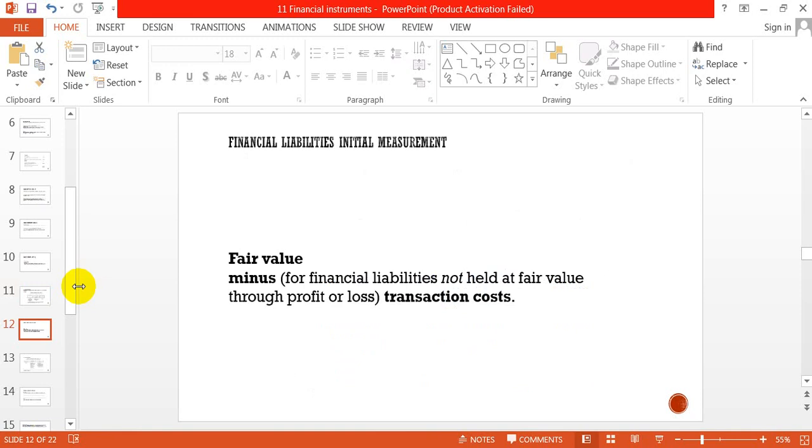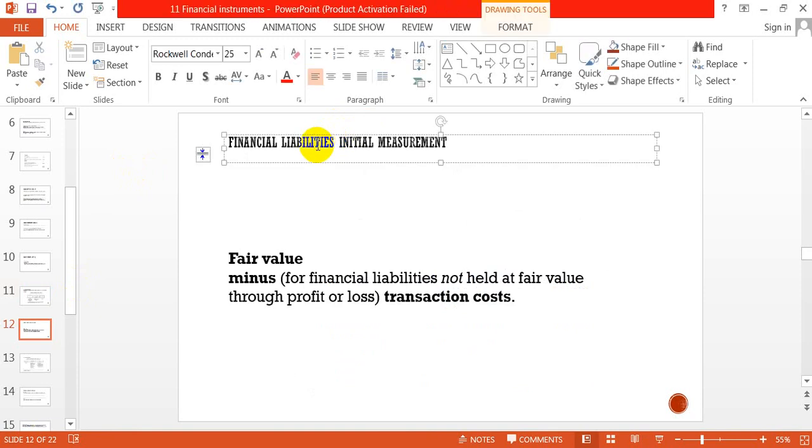Okay, we move to financial liabilities. Financial liabilities also have initial measurement and subsequent measurement.